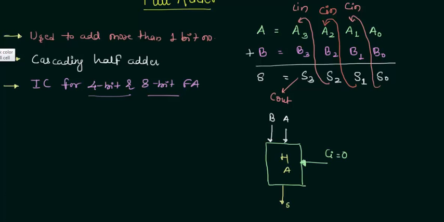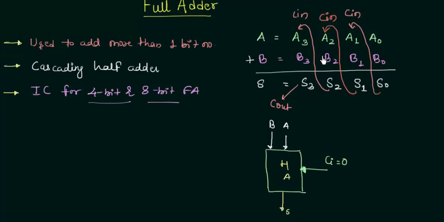Now I'm going to explain how this half adder is cascaded to get a full adder. If this part is done by one half adder, then the carry generated will be given to another half adder.